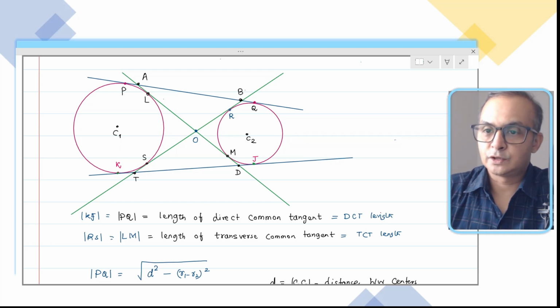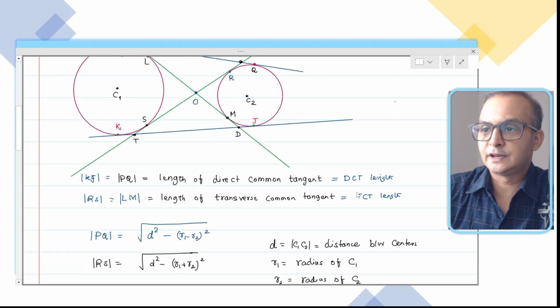First of all, PQ is the length of the direct common tangent, which we also call the DCT length.